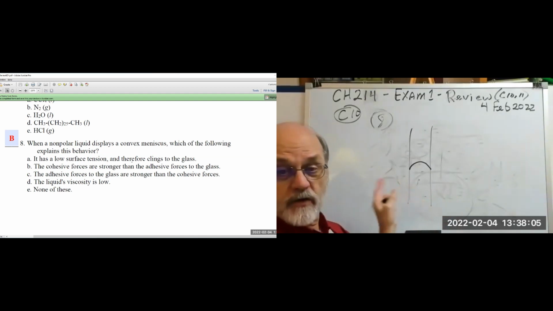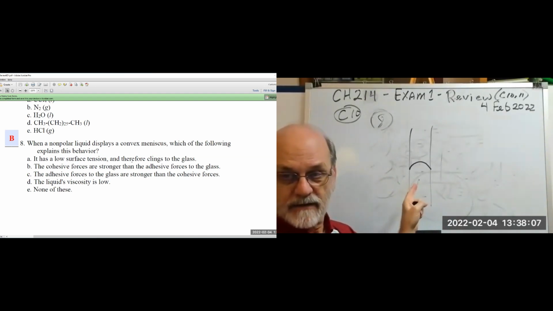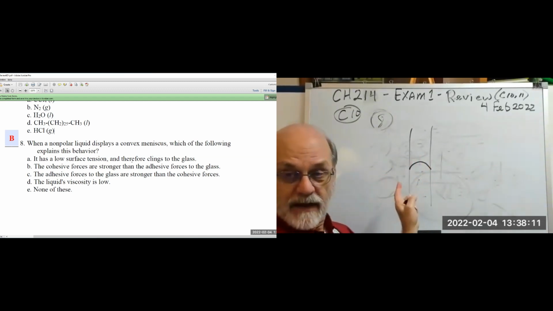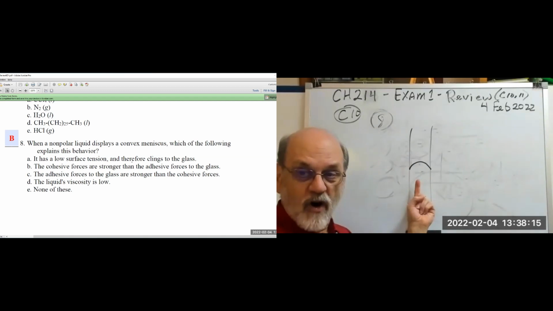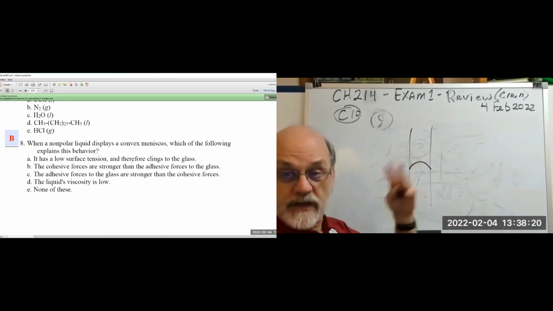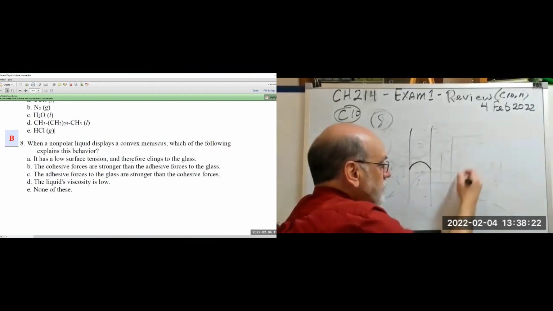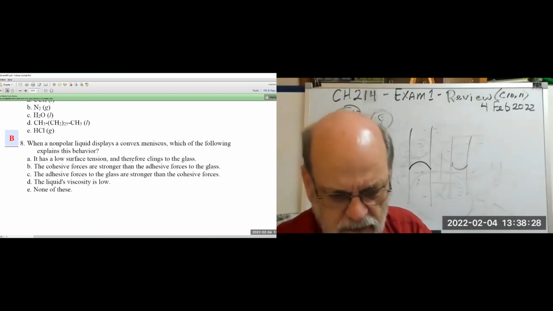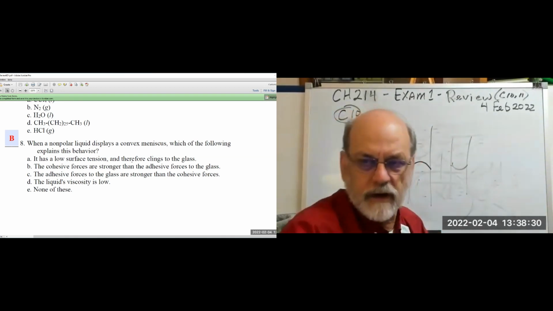So which ones win in this case? When you see a meniscus like that, that means that the internal forces, the cohesive forces, are stronger than the adhesive forces. If it was the other way around, your meniscus would be that way. That one's giving out on me. I hope this one's working now.